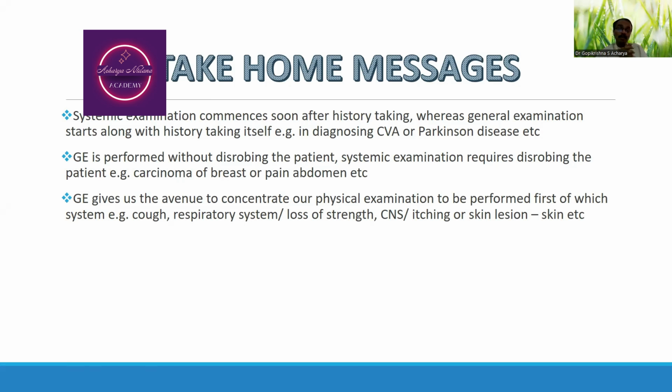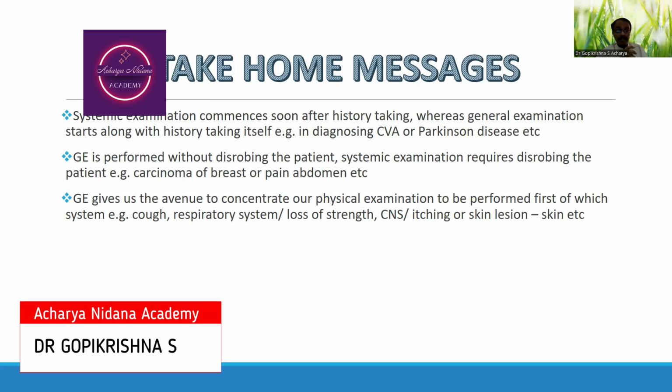For example, presence of cough indicates that the respiratory system or cardiovascular system has to be examined first, whereas if the person is suffering from loss of strength in the left upper limb and lower limb, initial examination should concentrate upon the central nervous system. If the person is suffering from itching and skin lesions, initial examination should concentrate upon the dermatological examination.